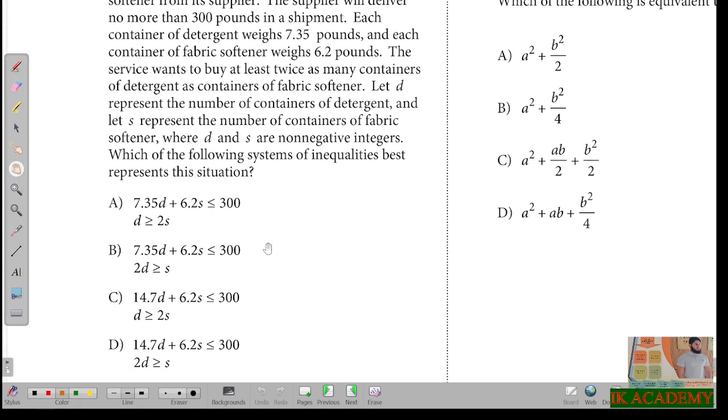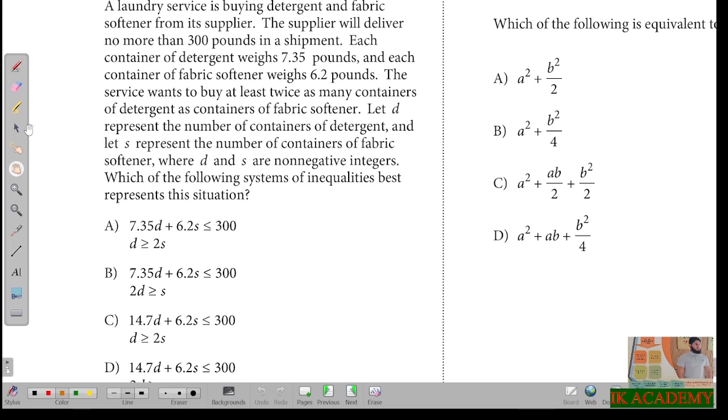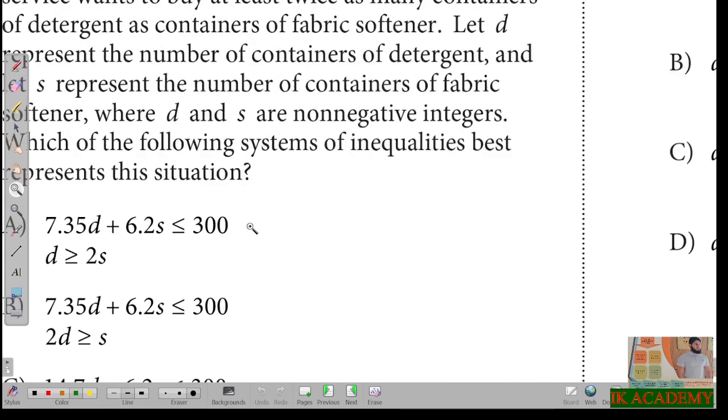So let me write down the things which have already been given to us. First of all, it was given that the at most weight of the shipment is equal to 300 pounds.